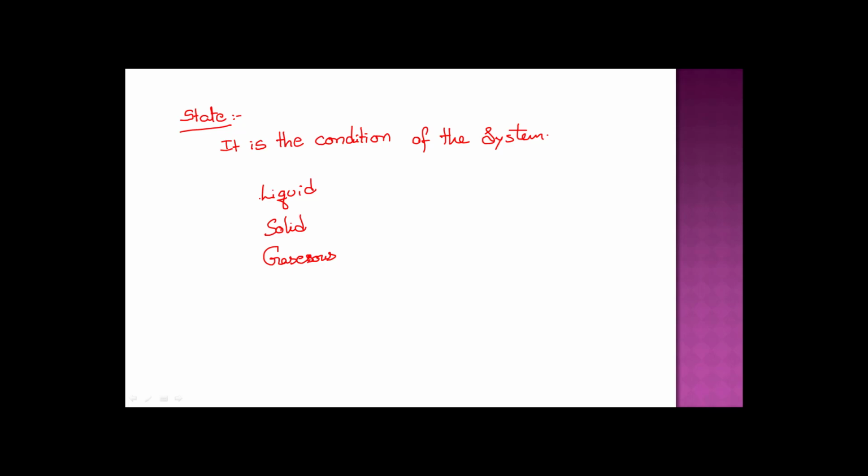Or if we take the gaseous state, depending upon the properties, we can say in which condition the gas is existing. So this is about the state of the system.